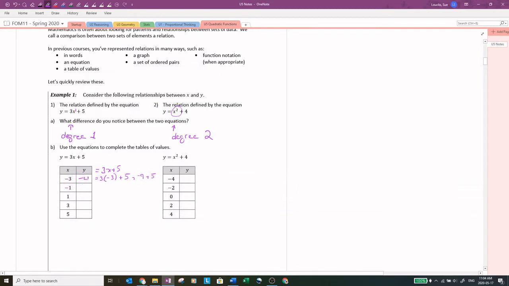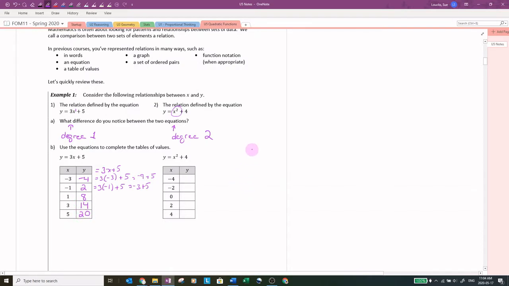So I'll put the negative 4 in there. In this one, it's going to be 3 times negative 1 plus 5. So that's negative 3 plus 5, which is 2. I invite you to pause the video for a minute and do the rest of the calculations in this column on your own and check that they're right. I'm just going to fill them in.